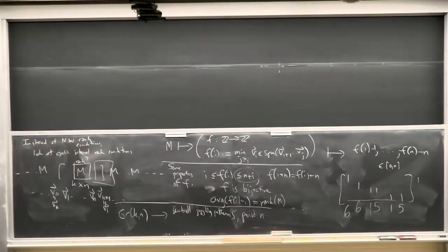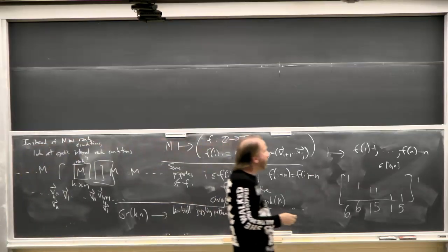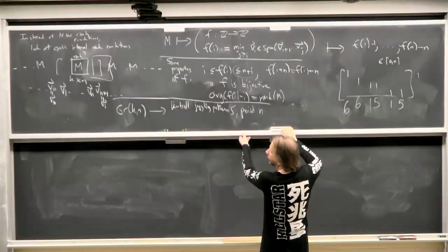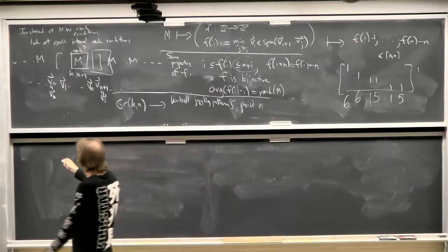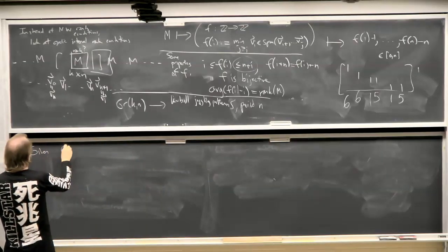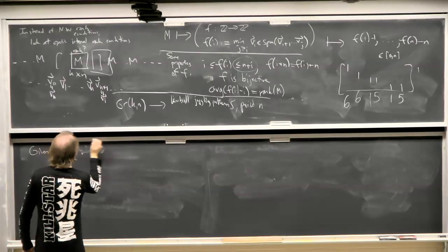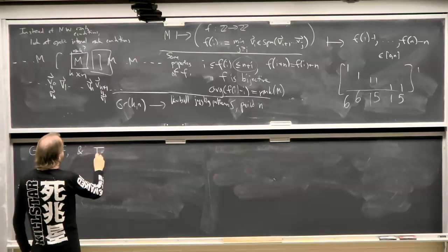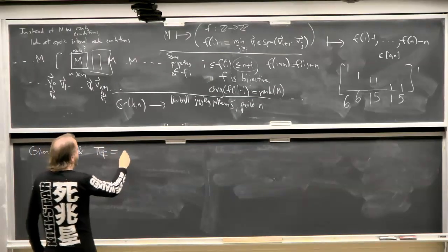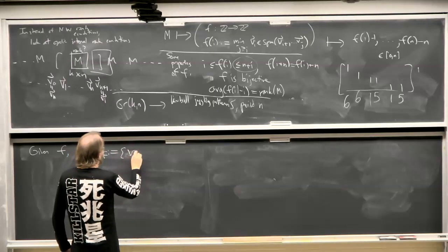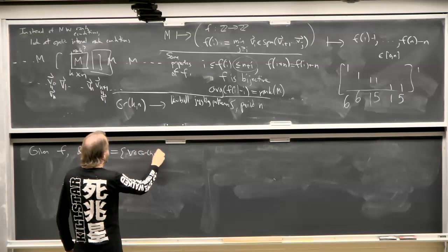Okay. So now you can ask the question. Sure. So given f, let's define pi f to be the space of elements of the Grassmannian.